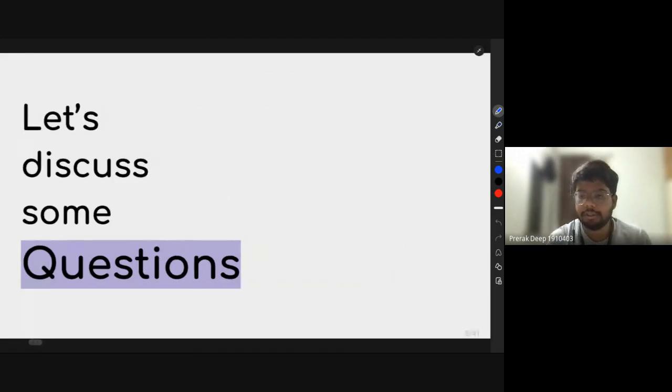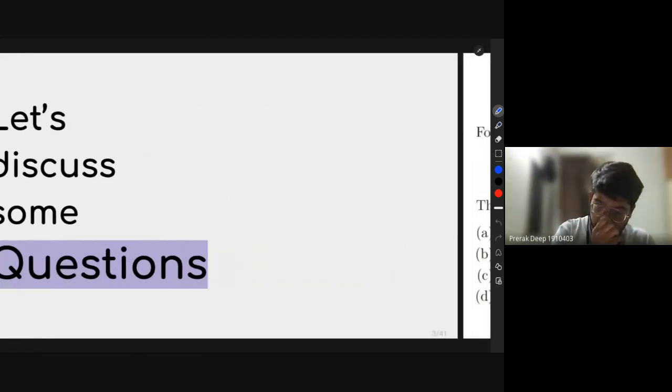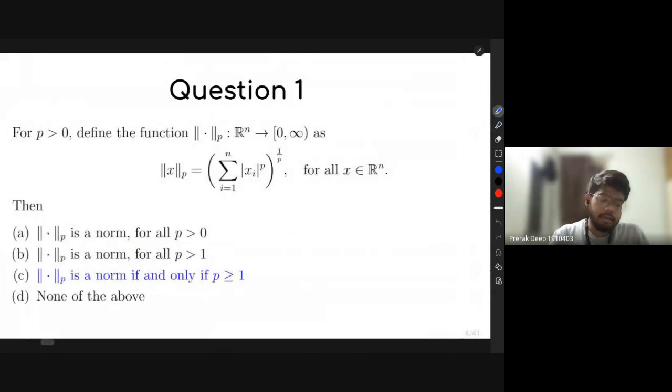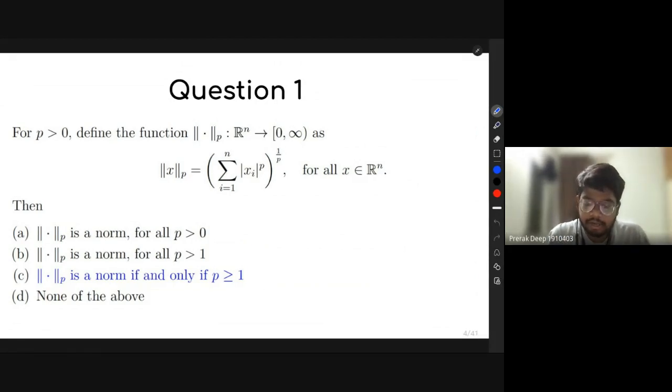Let's discuss some questions. Question number one: for p greater than 0, define the function norm p from R^n to [0, infinity) as the finite summation from 1 to n of modulus of x_i to the power p, and taking the pth root of that quantity, for all x in R^n.